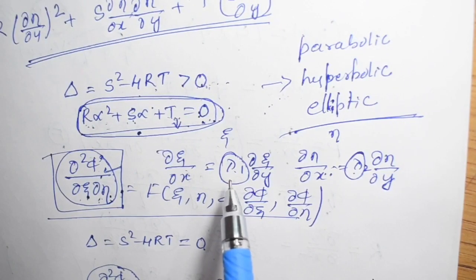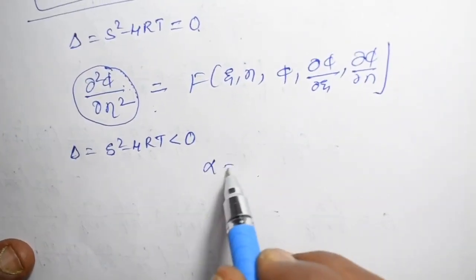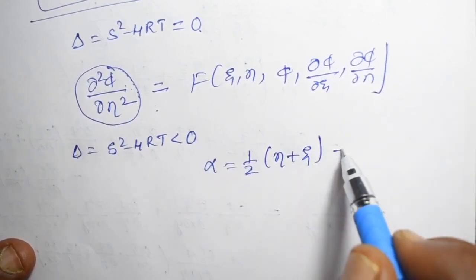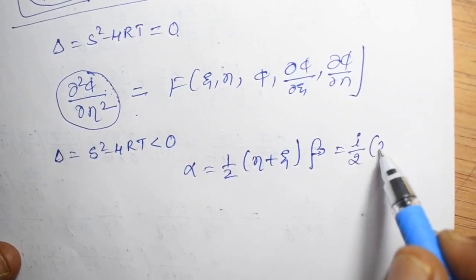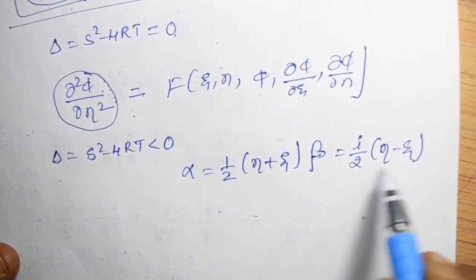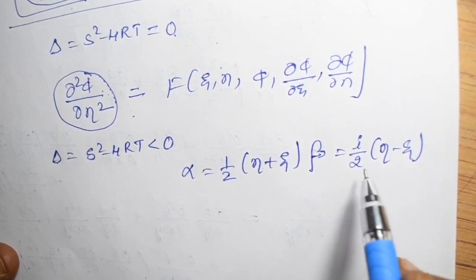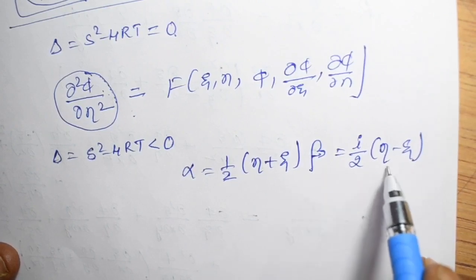To avoid those complex numbers, you take one more transformation: alpha is equal to 1 by 2 into eta plus xi, and beta is equal to 1 by 2i into eta minus xi.